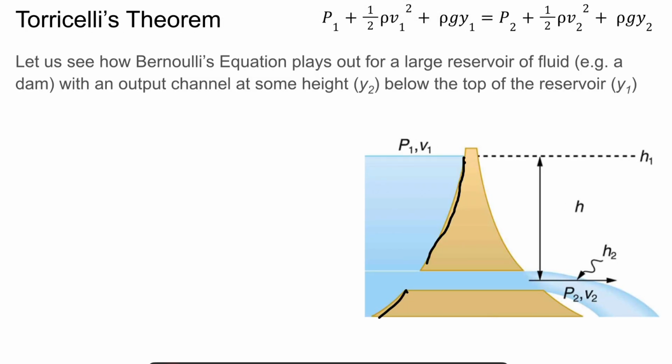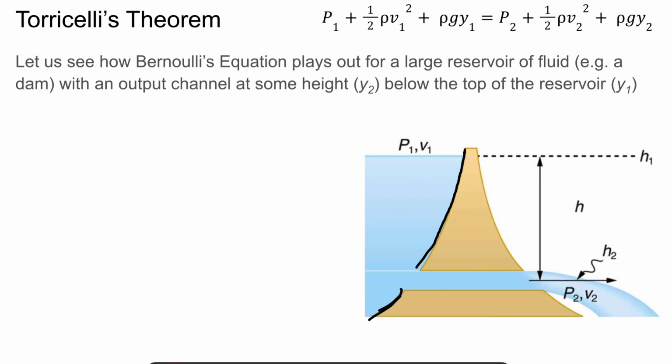Okay, so let's take a look at one last thing here. Torricelli's theorem is super useful when we're thinking about water flowing out of a large store of water through a small hole somewhere lower than the height of that storage of water. So we've got here a reservoir, like one where you would hold drinking water for a town.